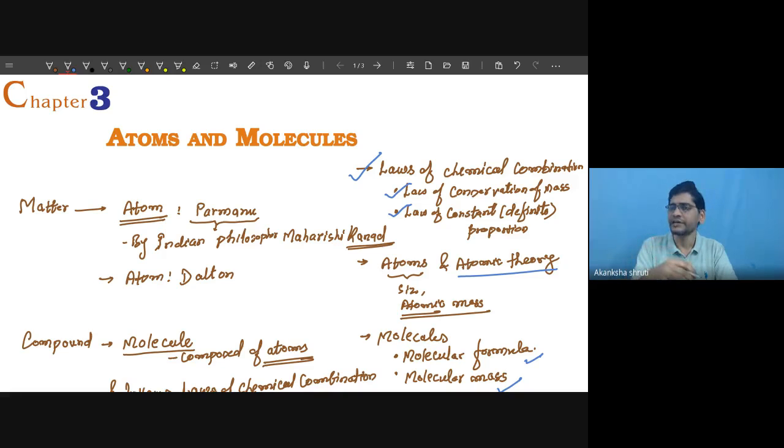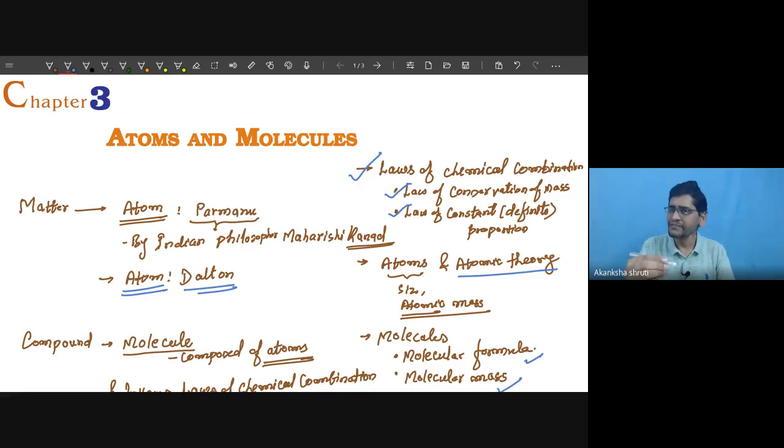Later on, with the development of science, it appears correct, and the theory was proposed by Dalton. When he started dividing the matter into smaller pieces, he reached the smallest particle which was not further divisible, and he called this smallest particle atom.